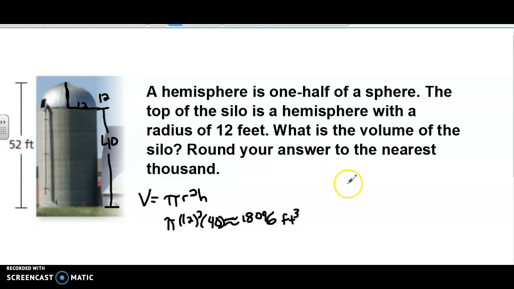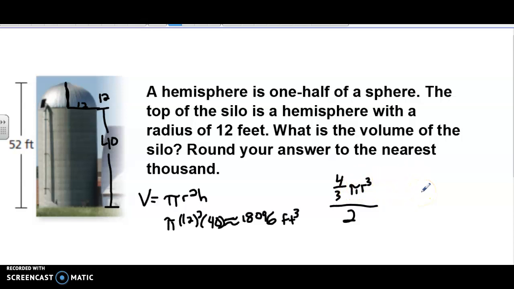So now we're finding the volume of the hemisphere. Remember, a sphere is 4/3 pi r cubed, so a hemisphere would be all this divided by 2. The first thing we're going to do is find the volume of the hemisphere with a radius of 12.